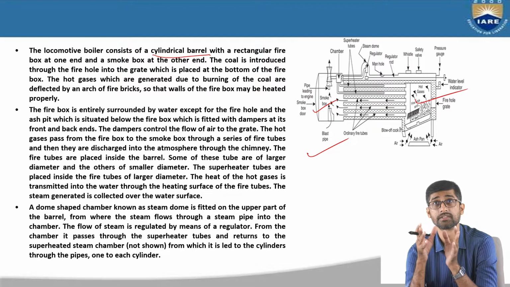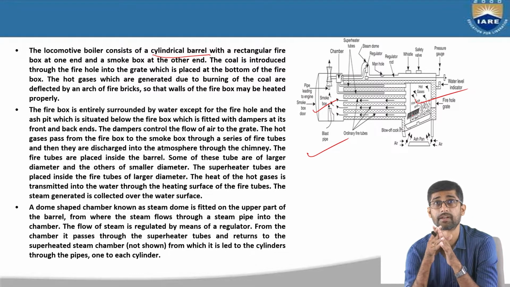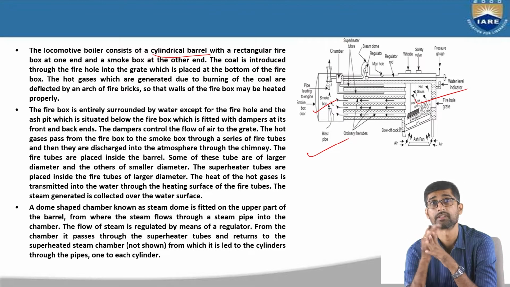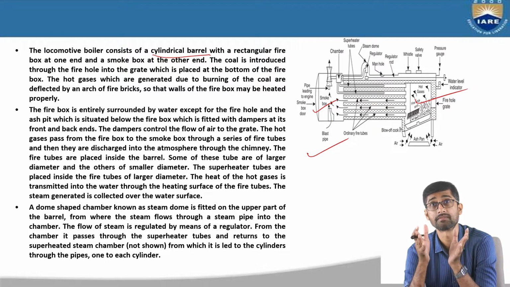The hot gases generated by the burning of coal are deflected by an arc of fire bricks so that the walls of the box may be heated properly. The firebox is entirely surrounded by water, except for the fire hole. The ash pit, which is situated below the firebox, is fitted with dampers at its front and back end. The dampers control the flow of air to the grate.